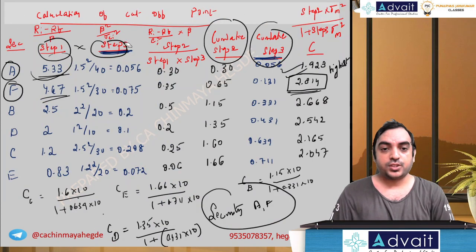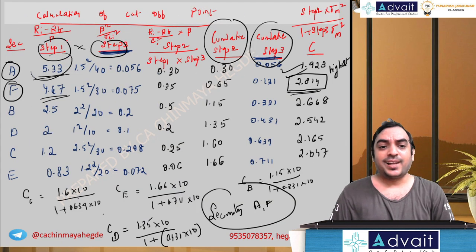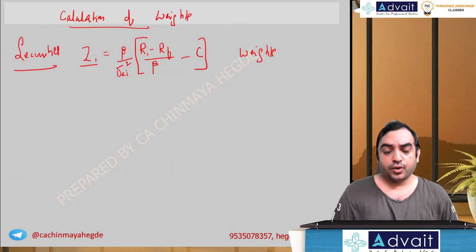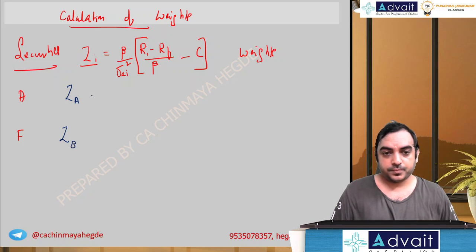Beta only, okay, not beta square. In fact, beta by sigma Ei square we have already calculated here. Correct, we don't require beta square actually, we require only beta. Okay, let me use this now for only two securities, security A and security F. So let's calculate ZA and then ZF.